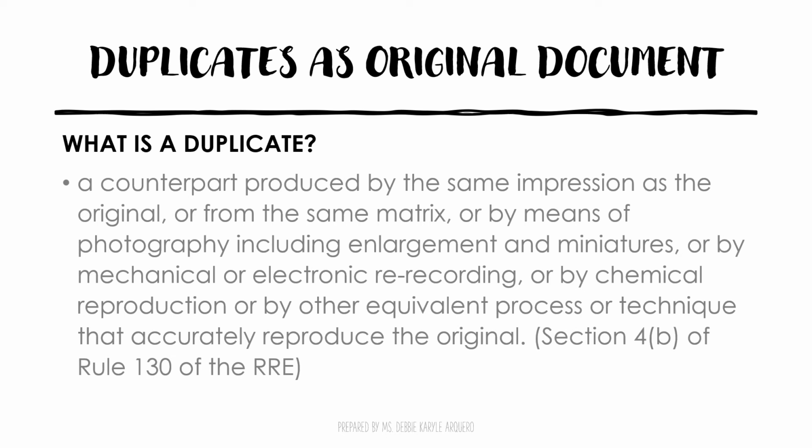Okay? So, that could be a form of a duplicate. And this is as good as the original. Okay? So, provided that that duplicate accurately represents the original. So, dapat colored yan.